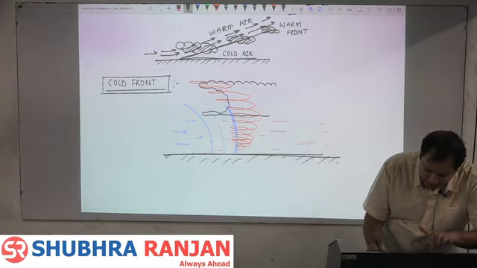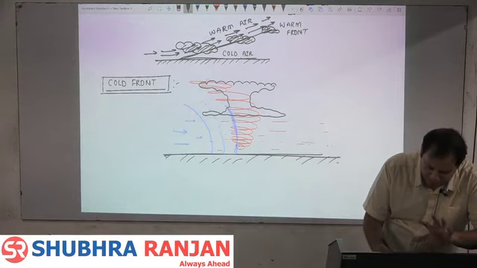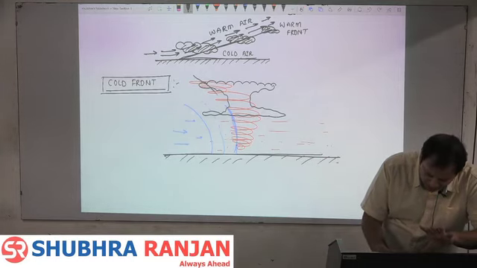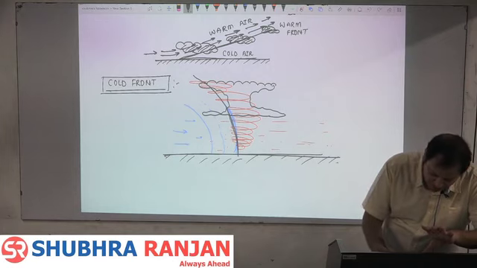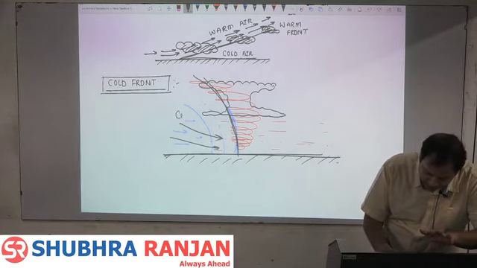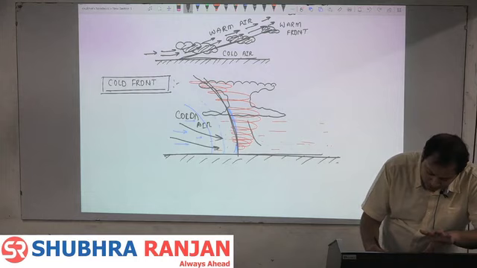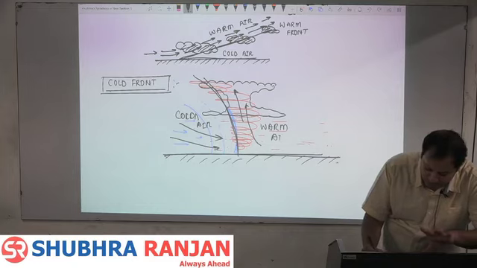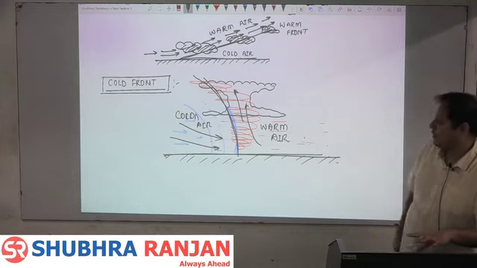And हमेशा cumulonimbus cloud in the sky is associated with very bad weather. So this steep boundary on which the cold air tries to come on the ground, and the warm air tries to go up, is thrown upwards, is what is known as a cold front.